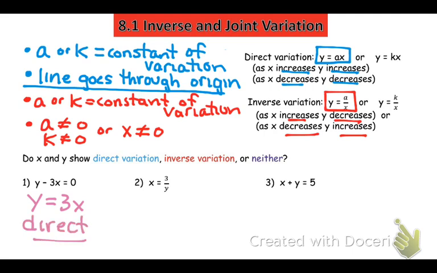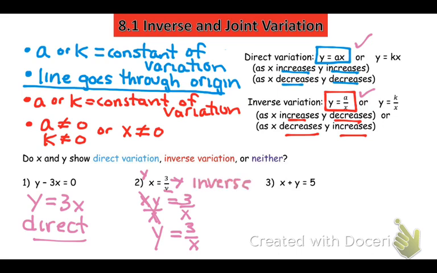The next one, we want to get it to look like one of these two, if we can. So if I multiply both sides by y, I get xy equals 3, because the y's cancel. Now I can divide both sides by x. So y equals 3 over x. So this is inverse variation.